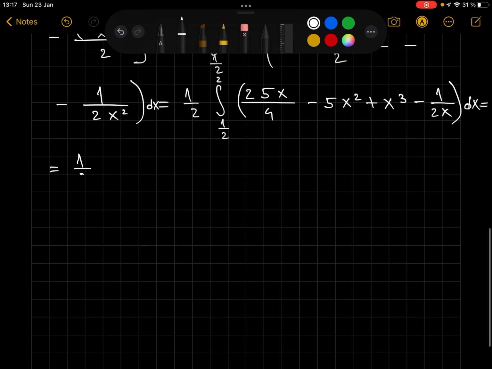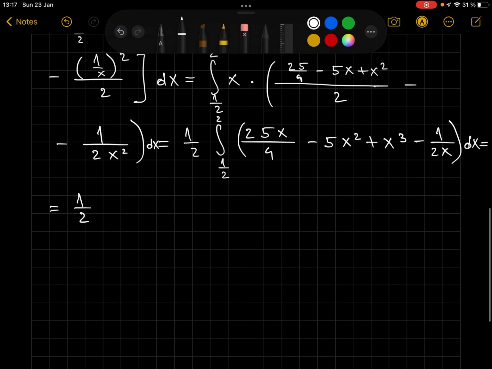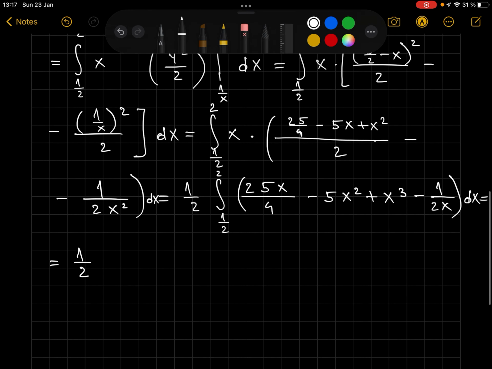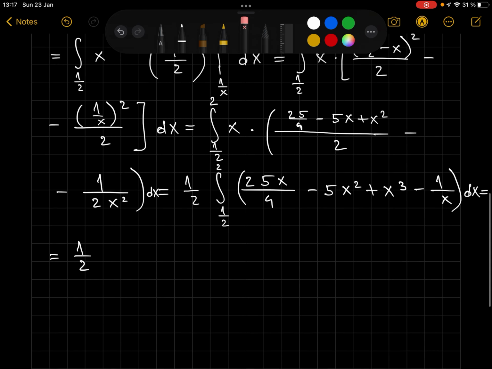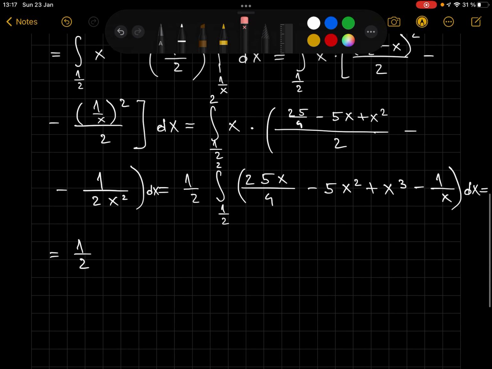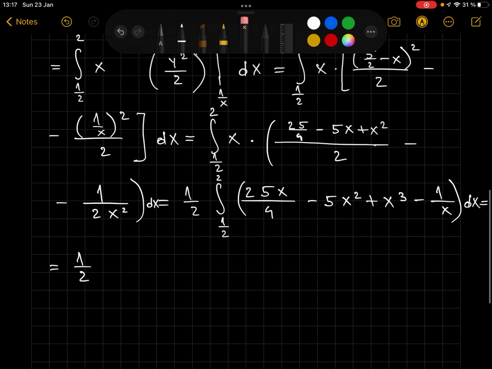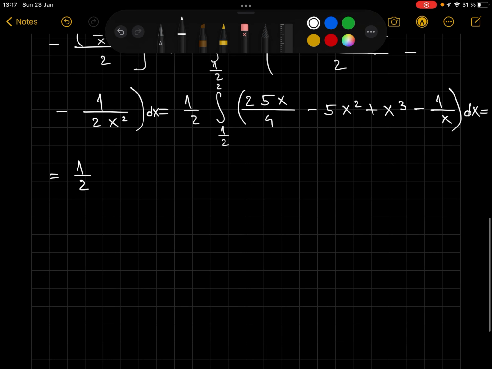Now we'll get 1/2 of the integral. Since this is pretty straightforward, I'm just going to compute the integral right now.